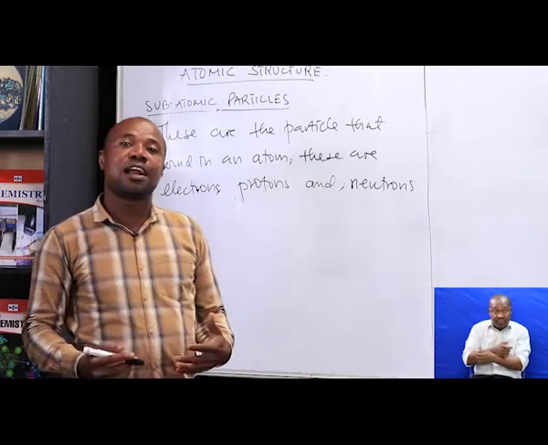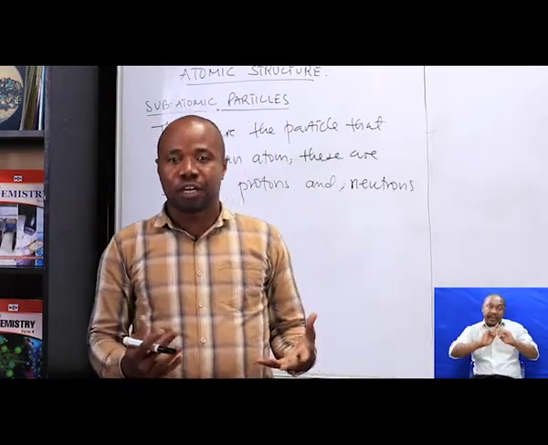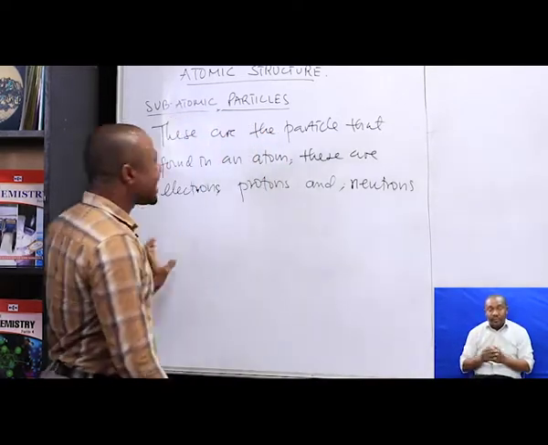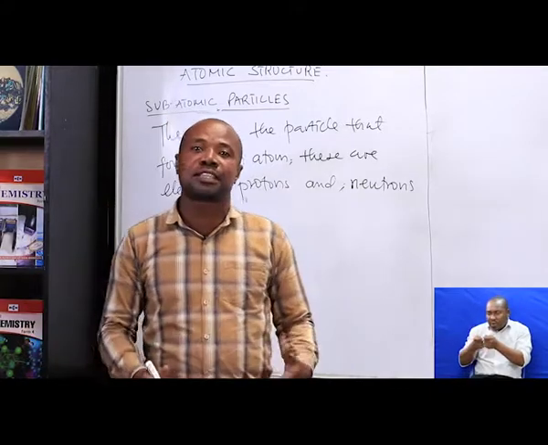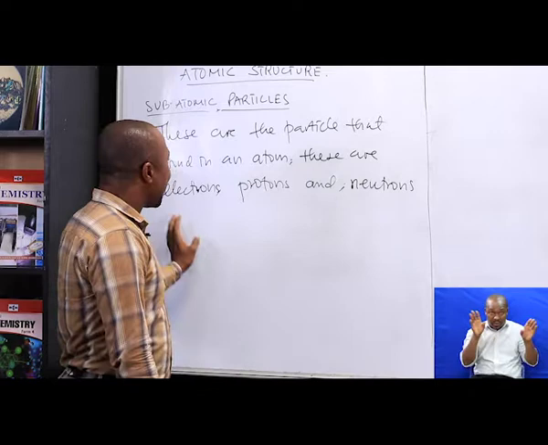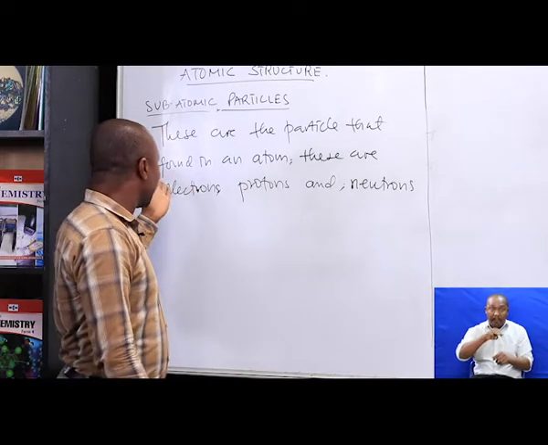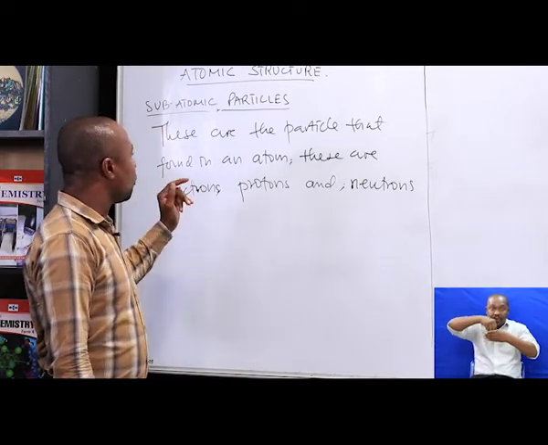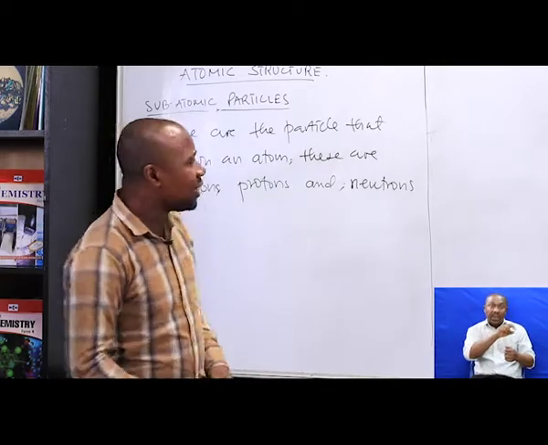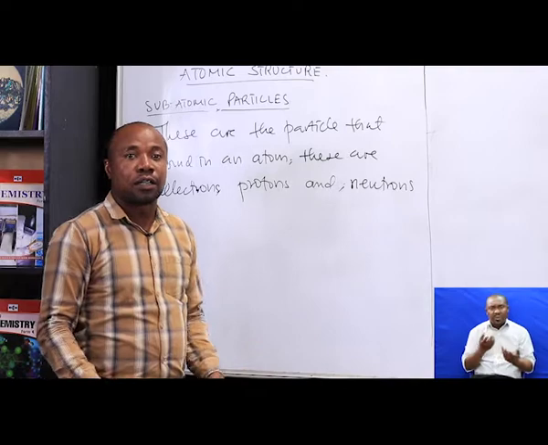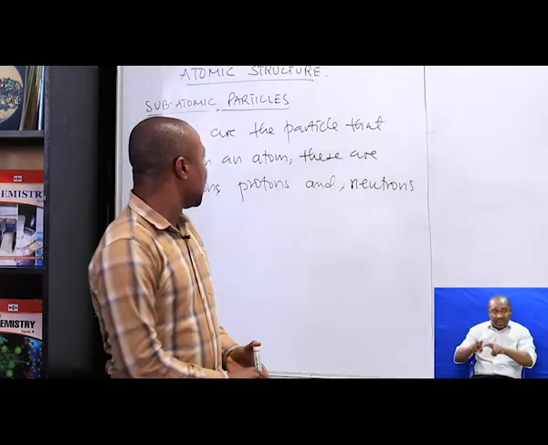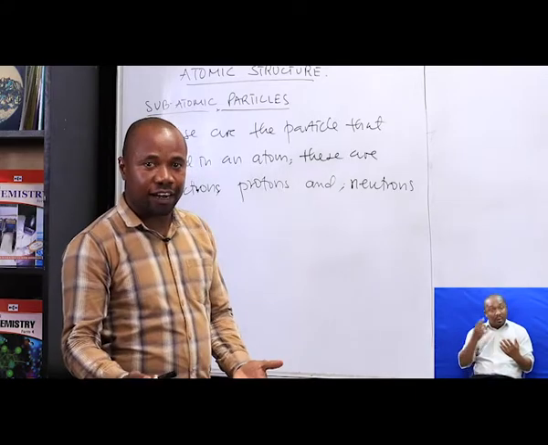There are several experimental procedures that have been conducted by several scientists, and they came with the conclusion that atom includes the particle which are electrons, protons, and what? Neutrons.